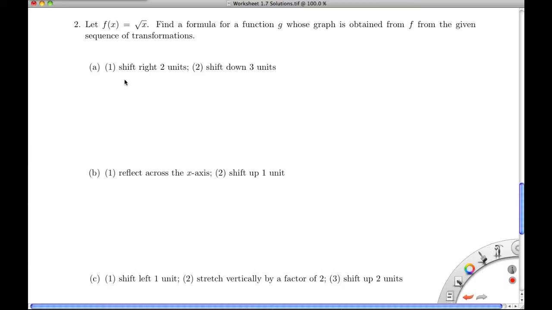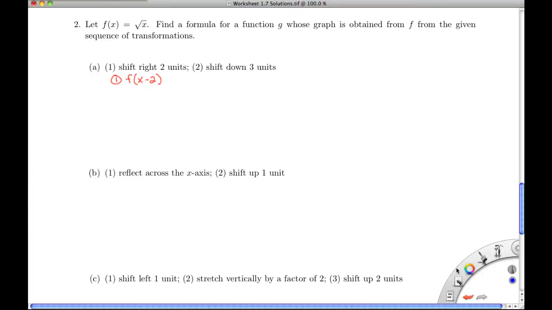So we need to do two things here. The first thing we've got to do is take our function and do a shift to the right. Now what I like to do is use the function notation to first represent each of these transformations. So to take any given function and shift it to the right 2 units, it would look like this. Whatever your function is, f of x, and we're going to the right 2 units, so f of x minus 2.